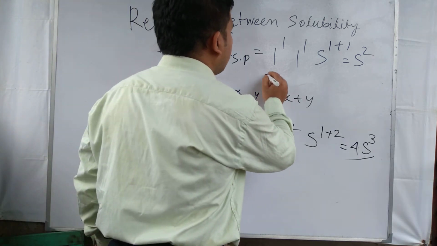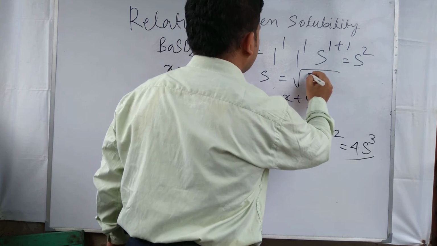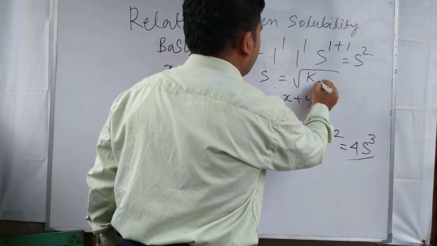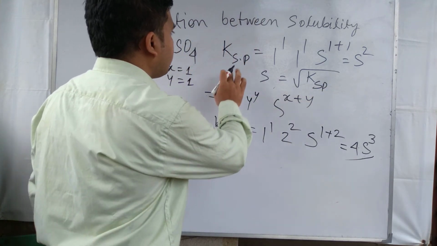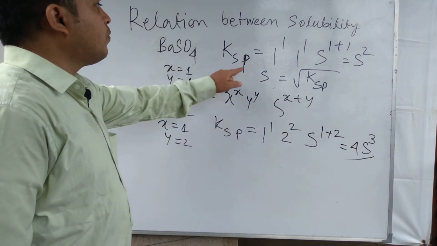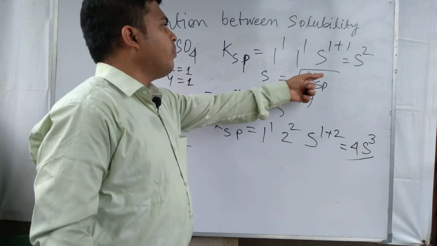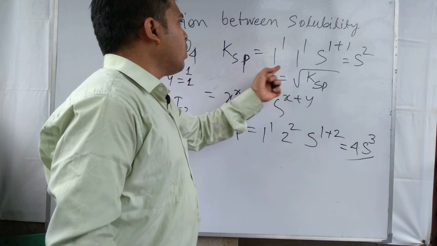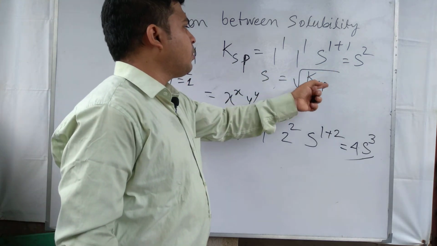Similarly, for solubility we can write the solubility equal to root over Ksp. For Ksp equal to S square, then S equal to root over Ksp.